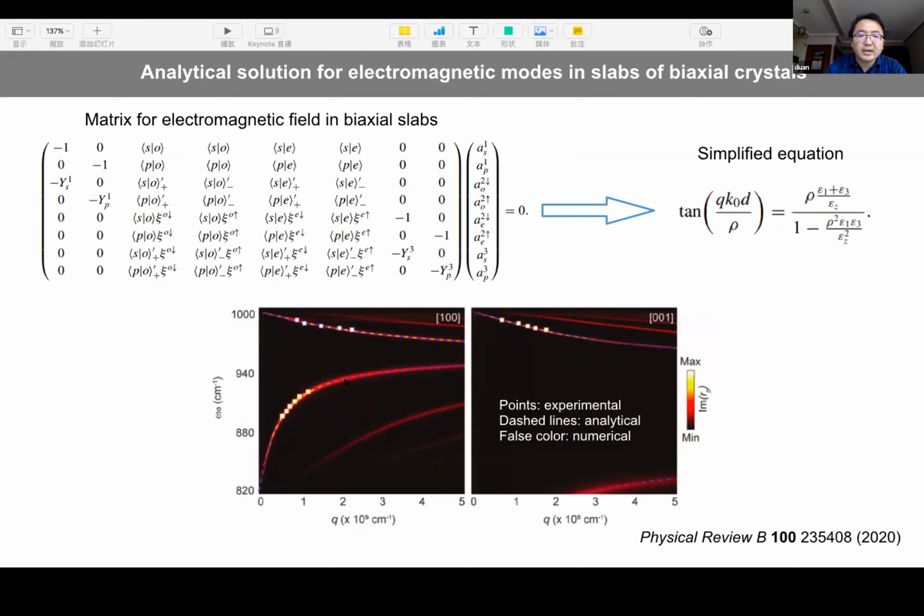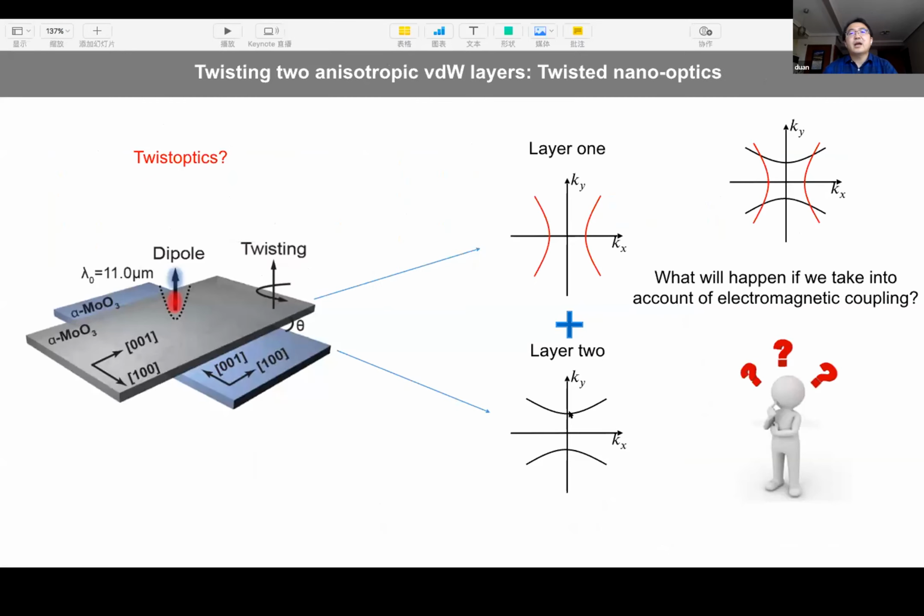With this equation, we can analytically calculate the dispersion of the phonon polaritons as this dashed line. And you can see it matches quite well with both the experimental and the numerical simulations. So until now, we have everything prepared for the study of twisted nano-optics.